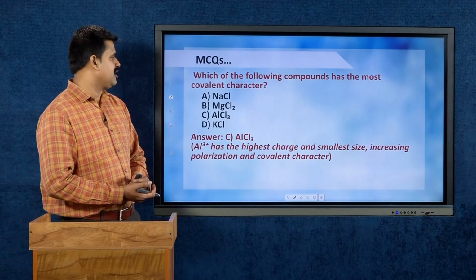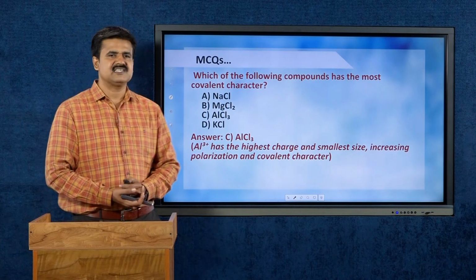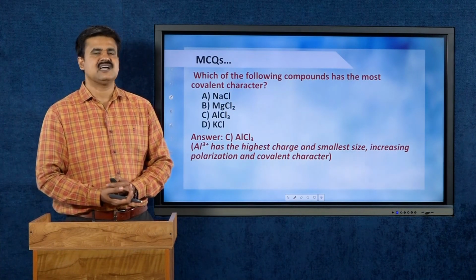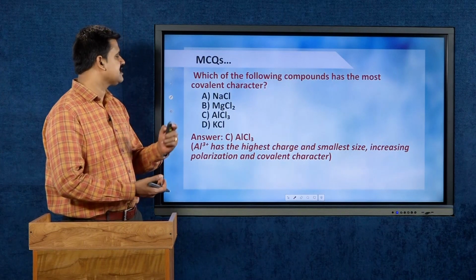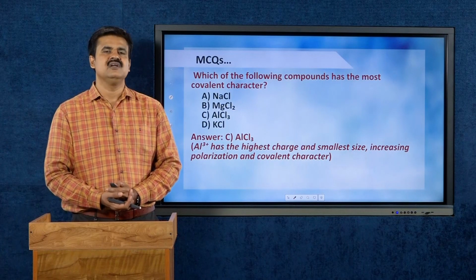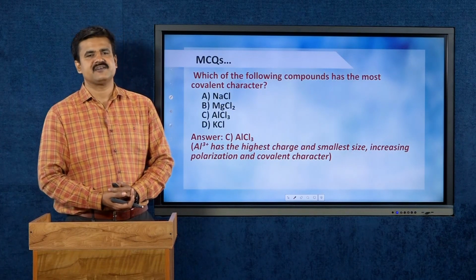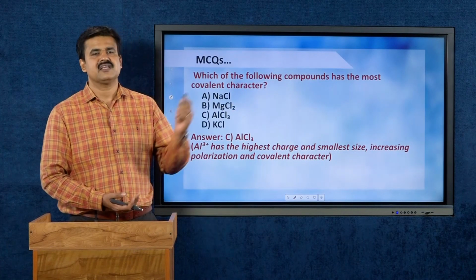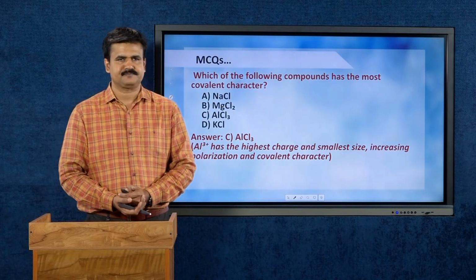The answer aluminum chloride is because of the fact that aluminum 3 plus has the highest charge and smallest size, which increases the polarization and hence covalent character. So, higher degree of polarization is observed in aluminum chloride. It is associated with the highest covalent character among all these options.